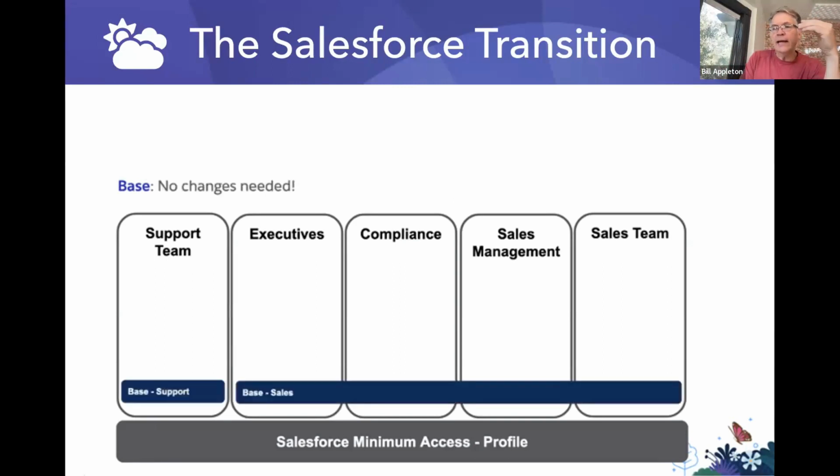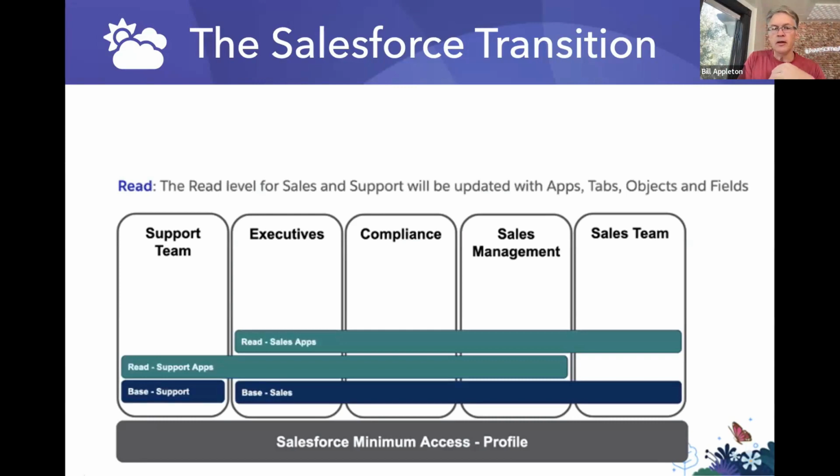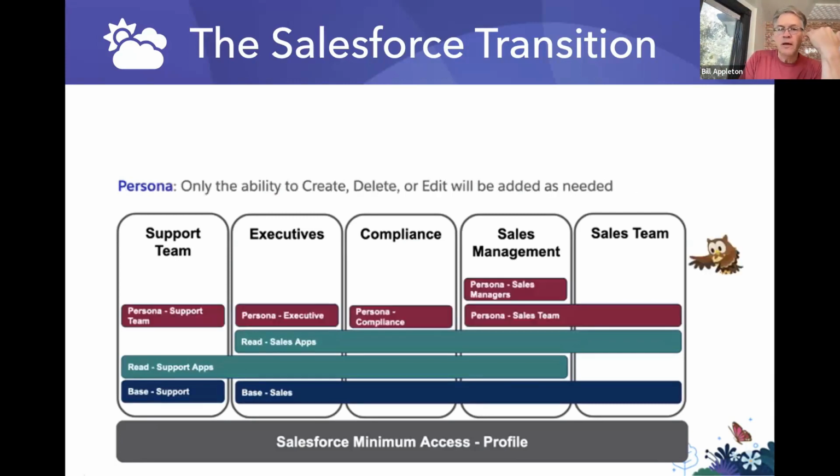And then you would build up by layers the permissions you needed for support or for sales, the permissions you needed for the support apps or the sales apps would be read access, object permissions. And then permissions for each individual persona, which could be overlapped across groups if you want.